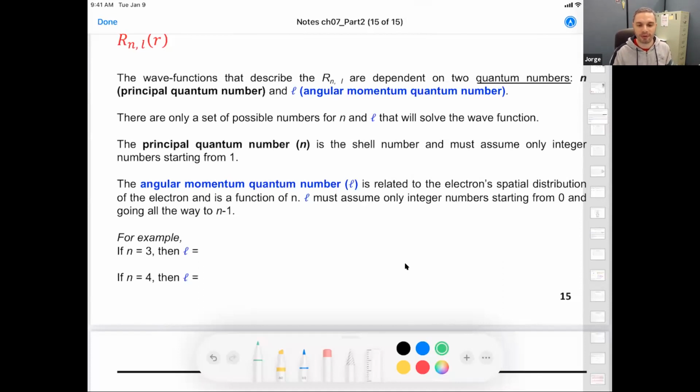Well, let's see the definition here. L first has to be an integer, must start from 0. So the first possible value for L is 0 and can go all the way to N minus 1.